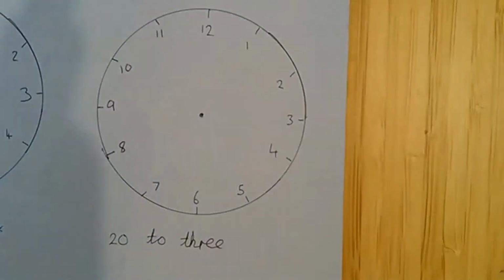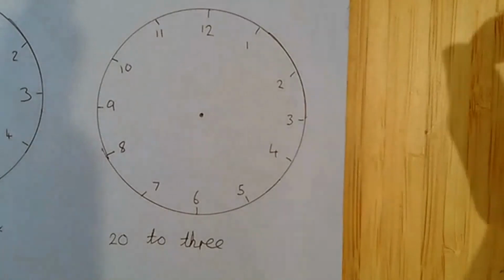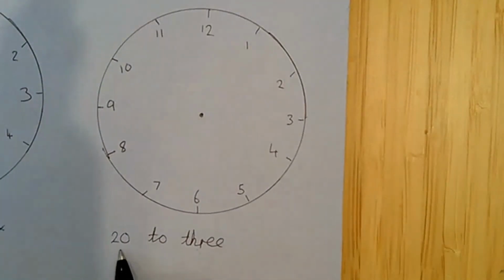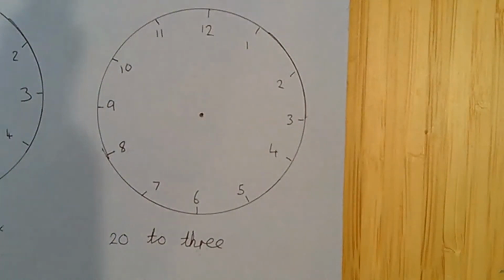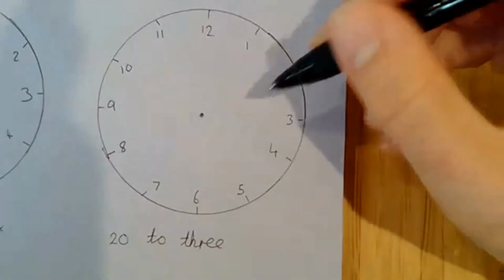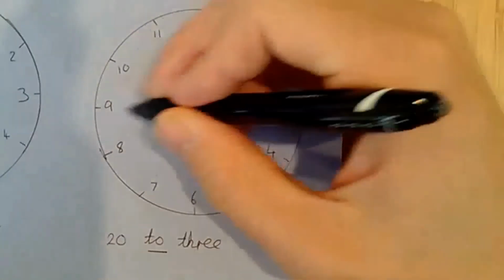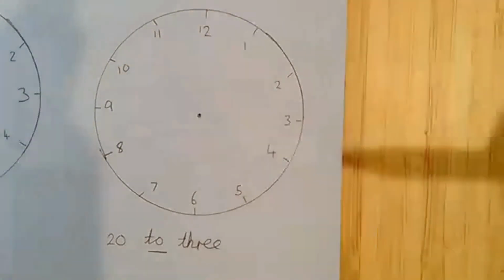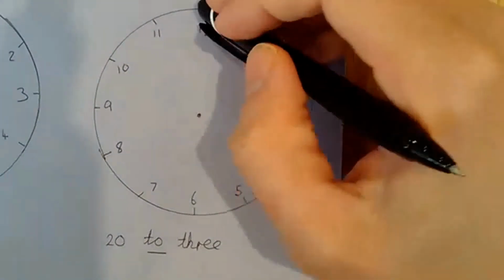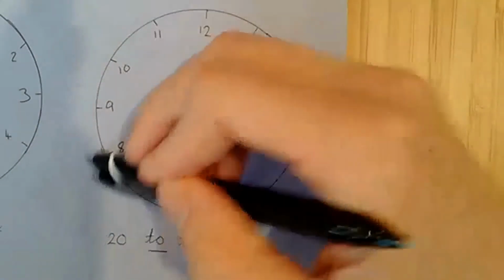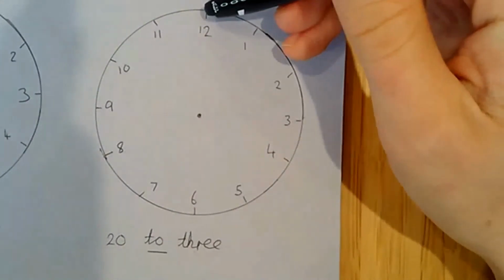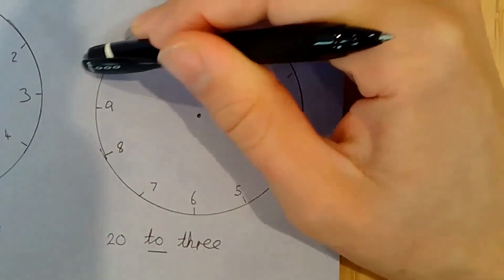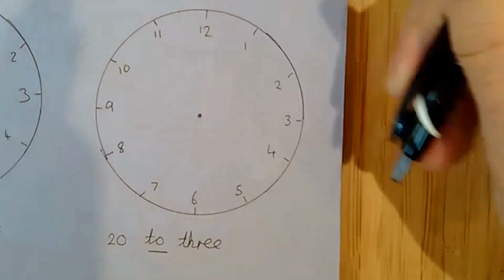Okay, here it just says 20 to 3. We know 20 to 3 though means 20 minutes to 3 o'clock. So if it's 20 minutes to, I know my minute hand's going to be pointing on this side of the clock. So what I need to do is count backwards in fives till I get to 20. 5, 10, 15, 20.